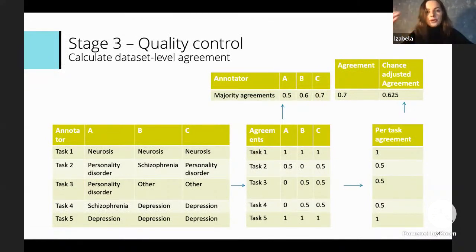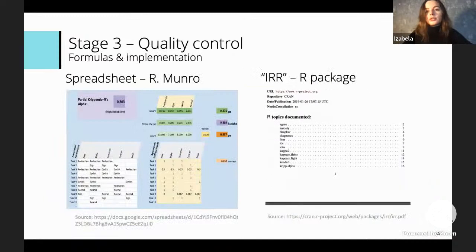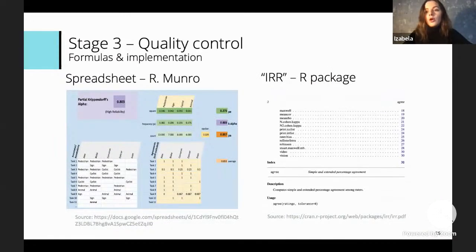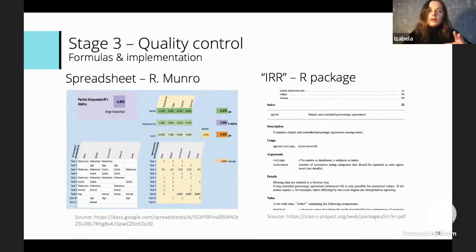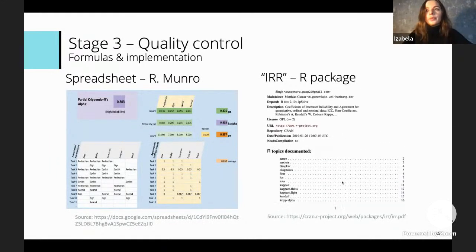And this is a very naive approach just to present a general idea, but you should probably use more advanced statistics like Krippendorff's alpha. But I won't explain the maths or formulas here because there is a great spreadsheet created by Robert Munro where you can uncover exact formulas and understand what is going on under the hood.